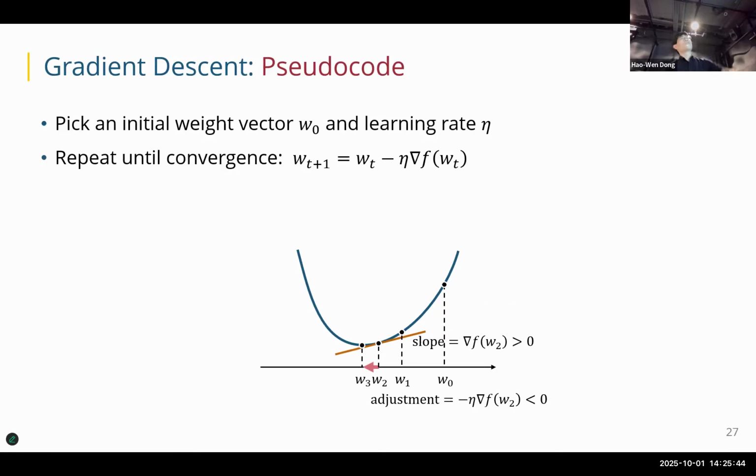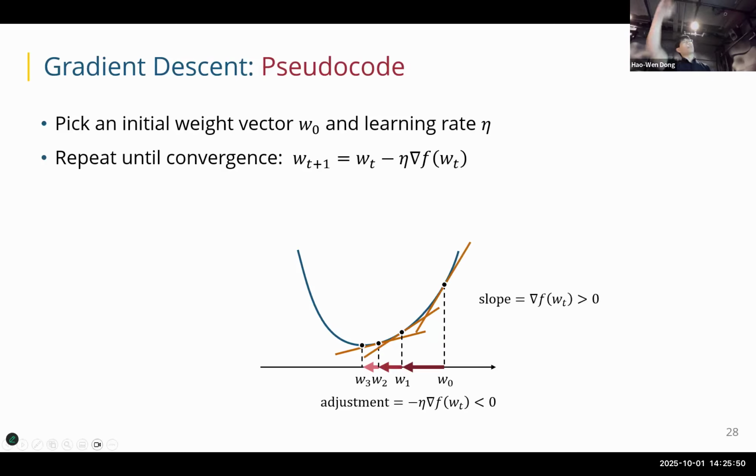Now you move to W2, you have the slope even smaller, and you make an even smaller adjustment. Hopefully, over time, the slope keeps dropping, the gradient becomes smaller, and at the same time your adjustment becomes smaller. And you can see that at the end, the convergence will reach that optimal point.